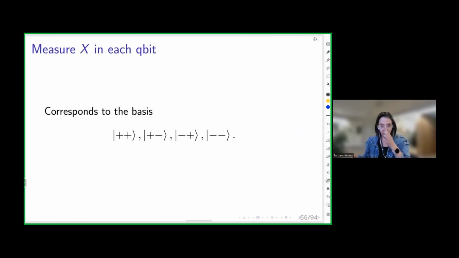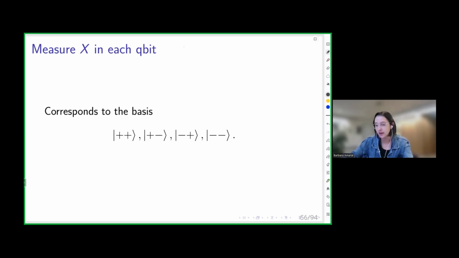Now, next example is measure X in each qubit. So now, again, we're going to have four outcomes. Generally, we think about outcomes as one number, one eigenvalue, but here I'm just thinking about labels that can differentiate between the possible outcomes, okay? So if you're measuring X in each qubit, you have two possible outcomes for one qubit, two possible outcomes for the other qubit.